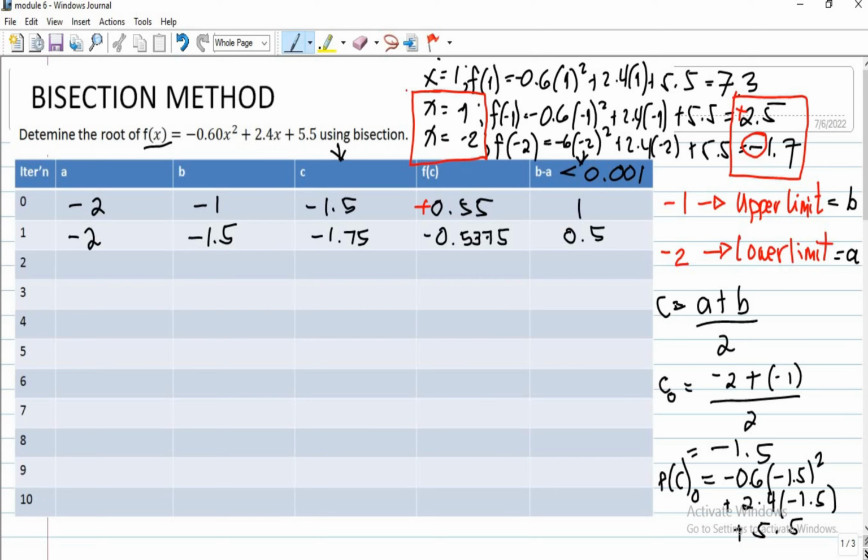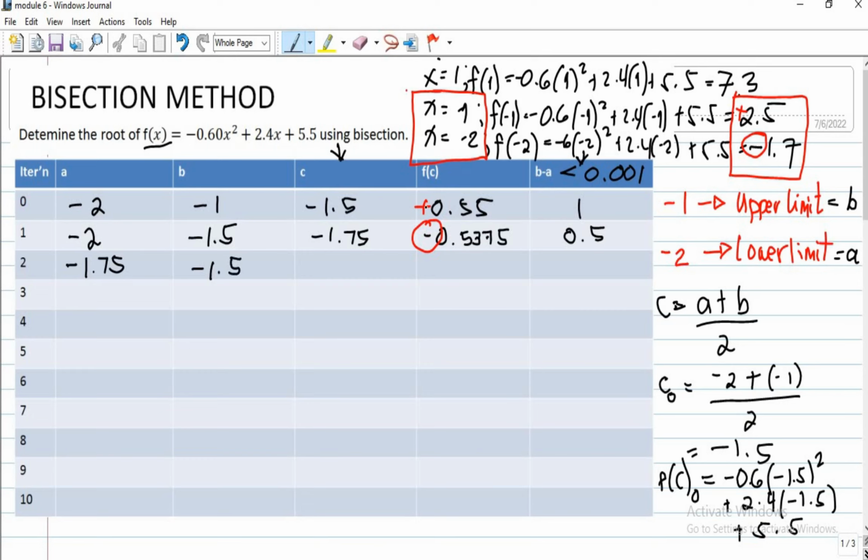So, dito, kung mapapansin ninyo, ang FC ko sa may iteration 1 ay negative. Kapag negative yung FC, ang magbabago ngayon ay si A.